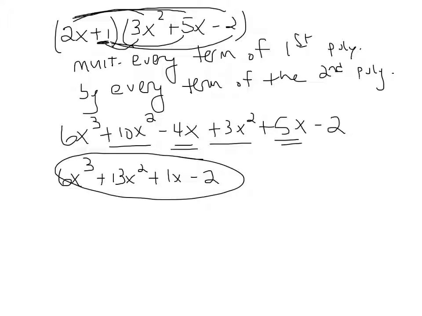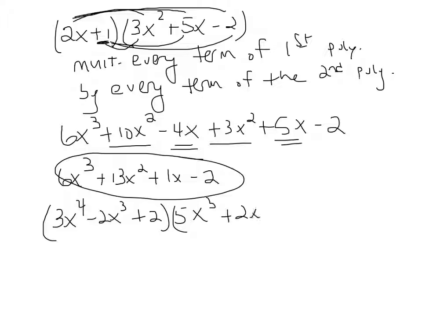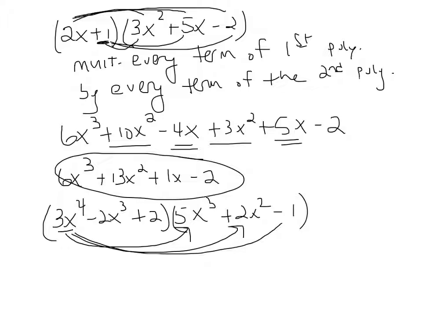We won't do this last problem out, but I'll just write it out for you. For example, 3x to the fourth minus 2x to the third plus 2, times 5x cubed plus 2x squared minus 1. So just to think about this quickly, this first term would get multiplied by all three of those terms.